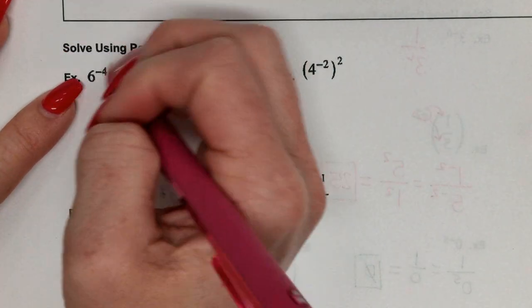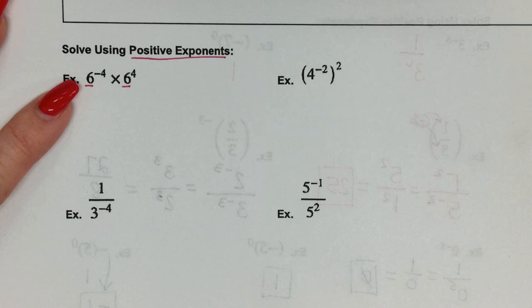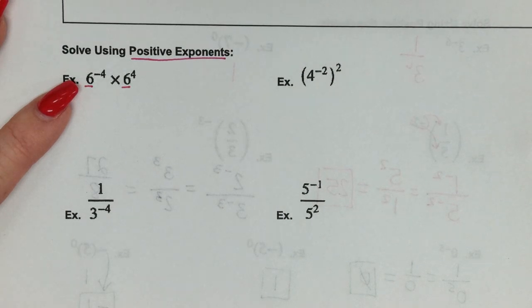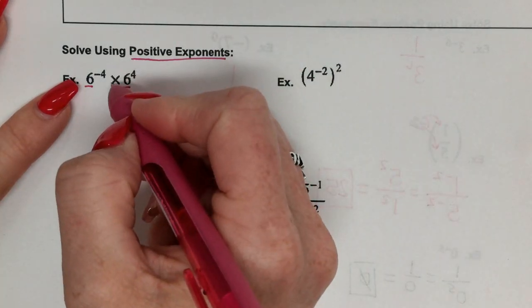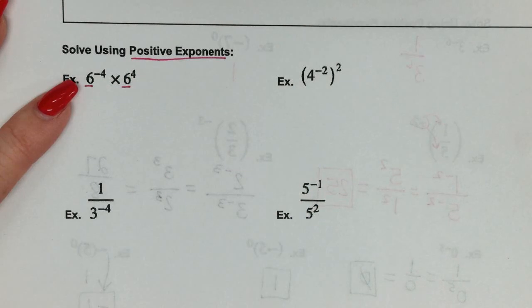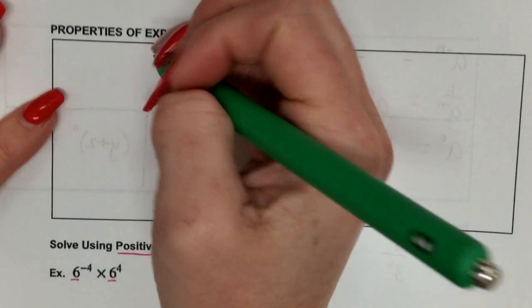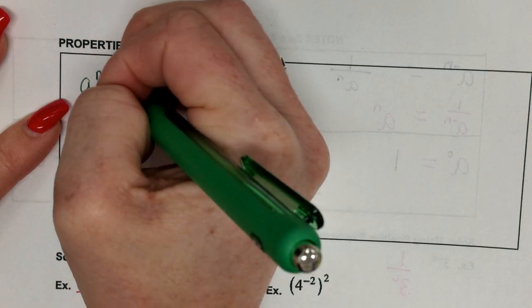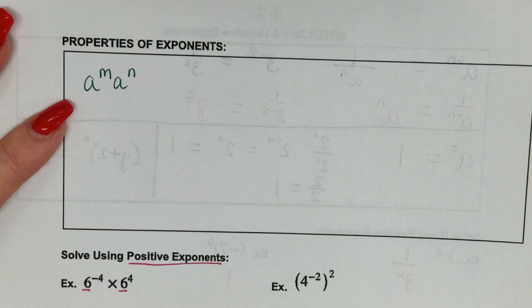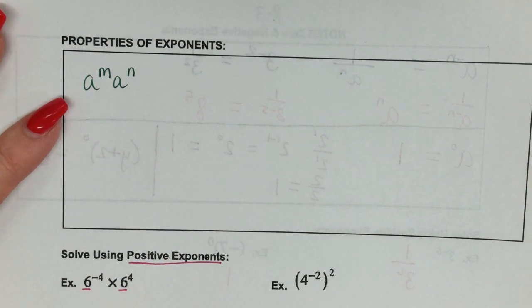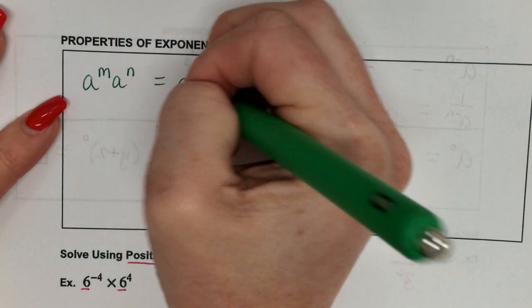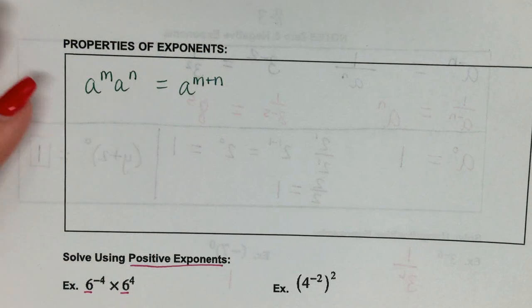What is going on between these bases? They're the same, but tell me, what is going on? Multiplication. So what do I do to the exponents? So obviously we need to go write the rules down. When you are multiplying bases that have the same base, you add the exponents.